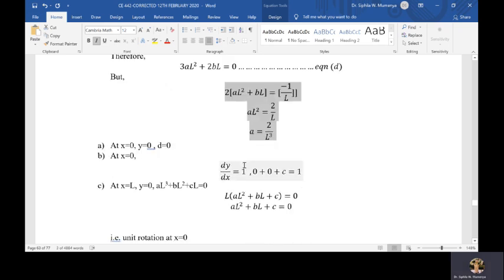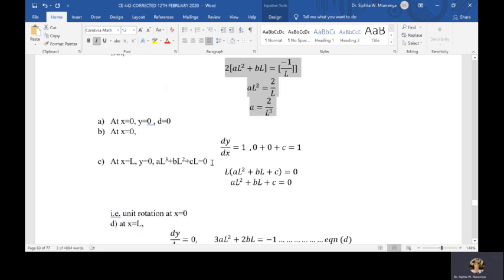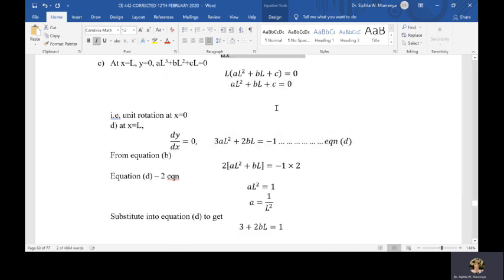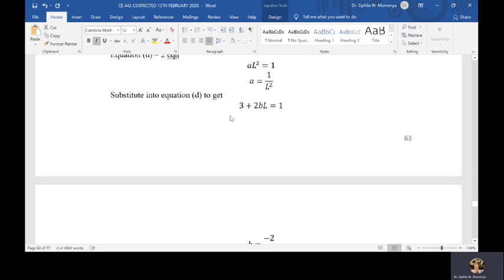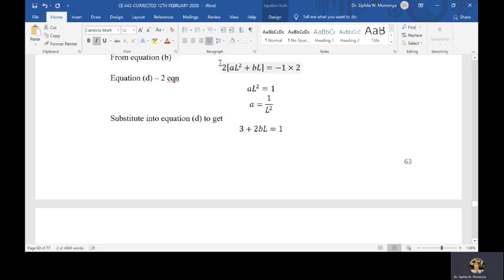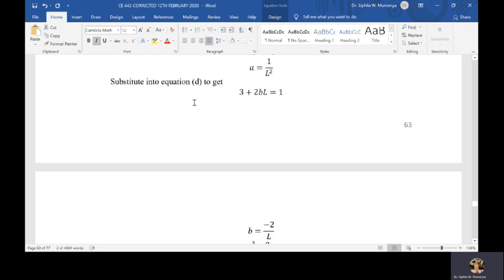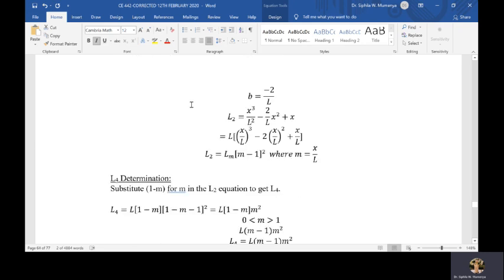So by simplifying, at x equal to 0, y equal to 0, and d equal to 0, and dy by dx is equal to 1, we can be able then to find our values of a, b, and c. And I will not go through all that. That's just mathematical manipulation.